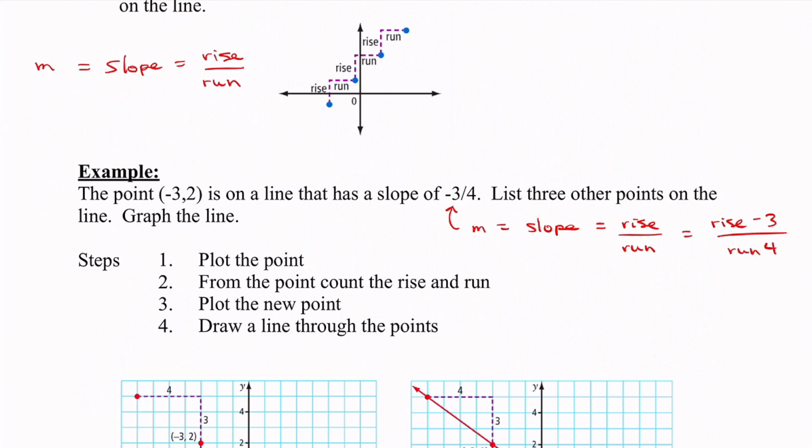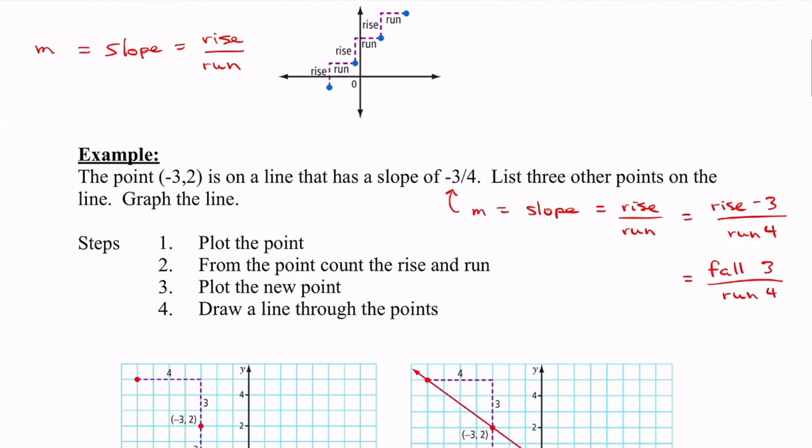If you rise -3, that means you're going to actually fall 3, and then run 4. Because it has a negative slope, it's going to be going downwards.